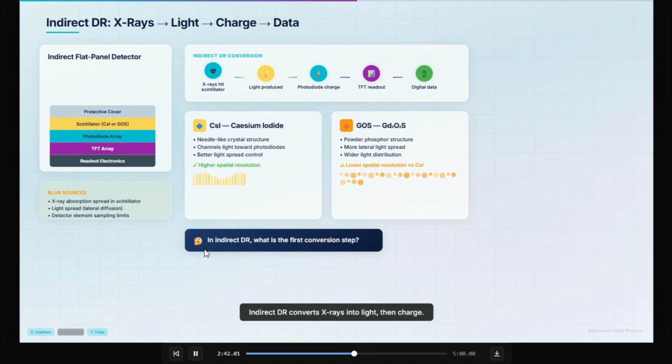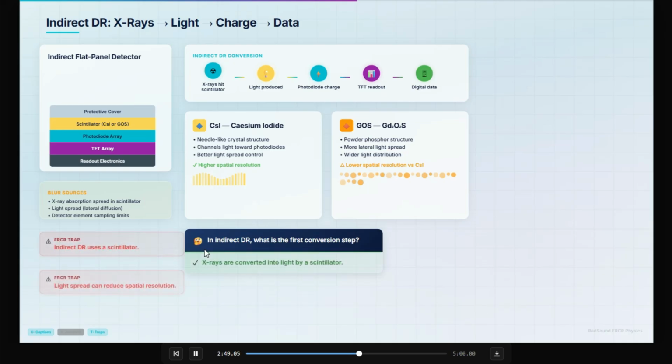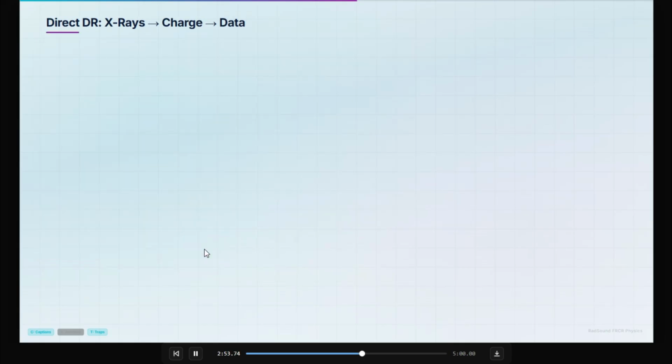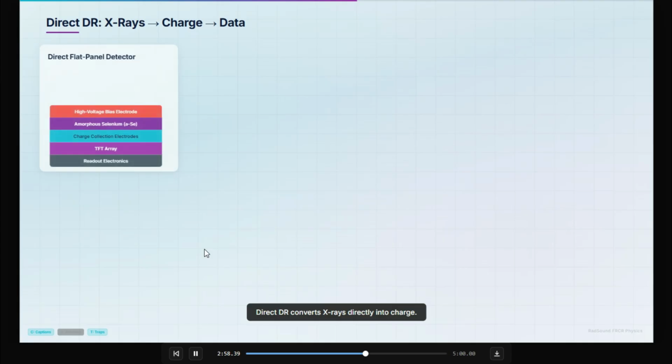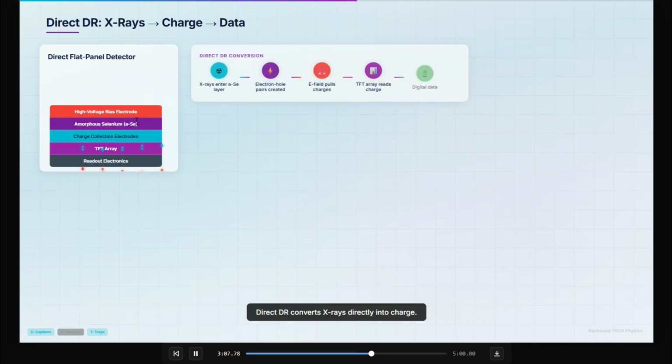Compared to indirect DR, in direct DR there is no scintillator. The light conversion from X-ray to light may reduce spatial resolution in the indirect system. Now, direct conversion converts the X-ray into charge, with a high voltage electrode. The X-ray enters the amorphous selenium, which converts the X-ray into charge directly without an intervening light conversion.